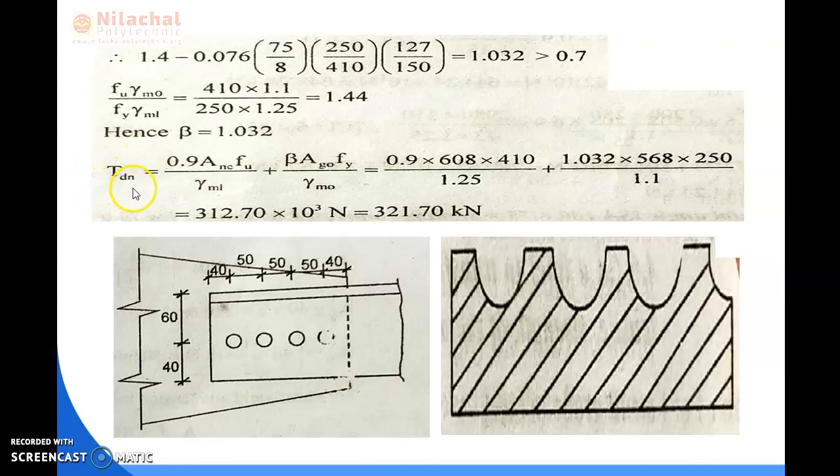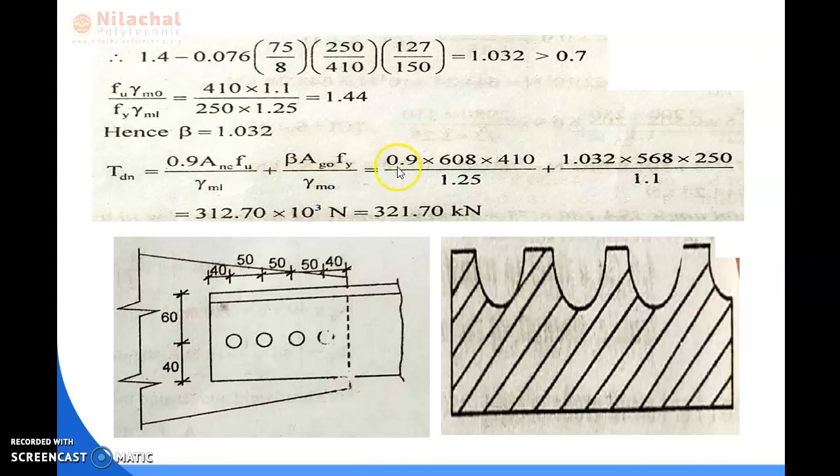So now TDN equal to 0.9 ANC Fu divided by gamma ml plus beta AGO Fy divided by gamma m0.